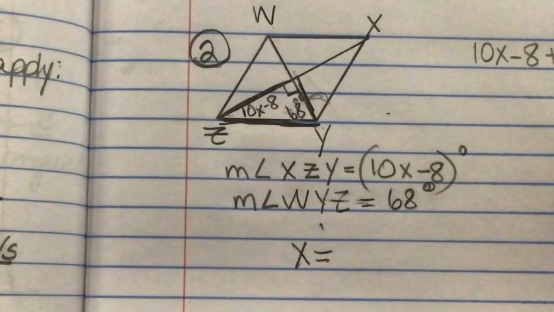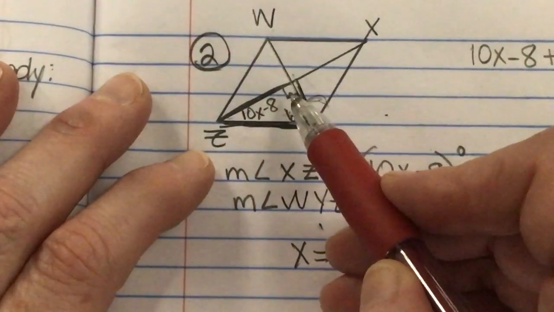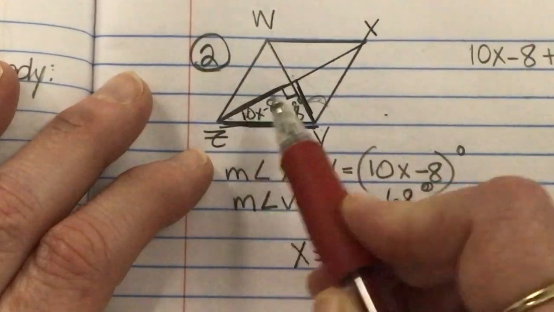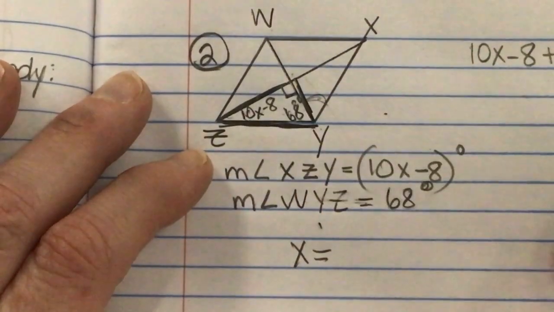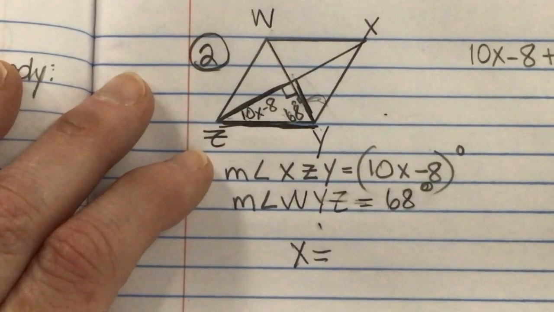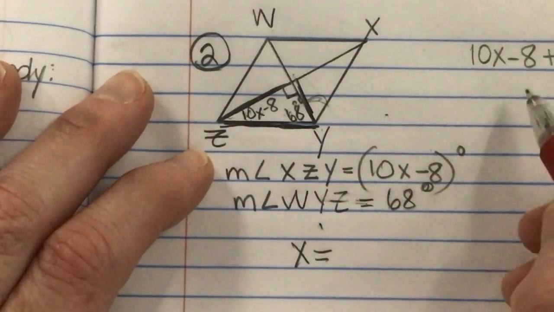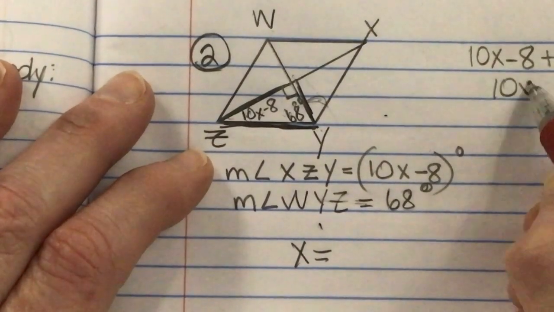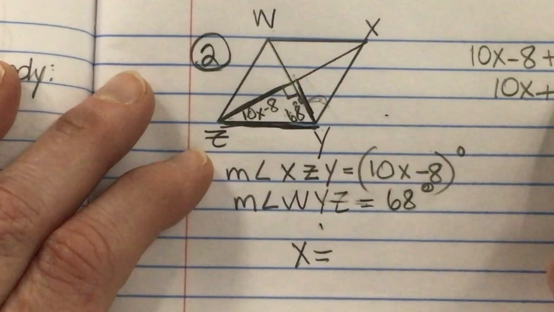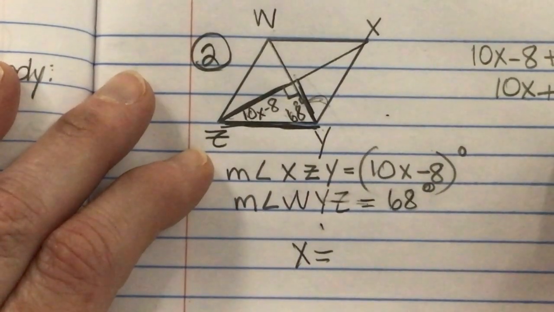Now here's the way I thought of it. Instead of counting that one, if that one's 90, then these two have to add up to 90. So I just did that plus that equals 90. But if you do it this way, we've just got 10x, and that's going to be 80.